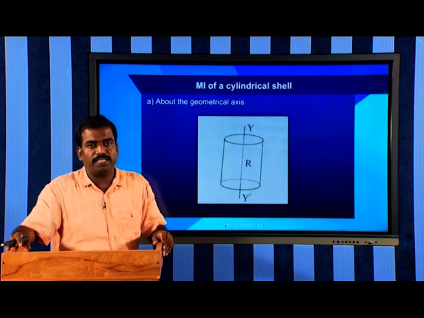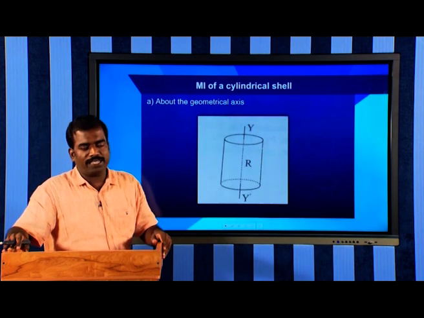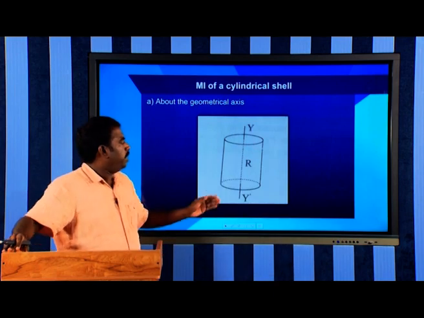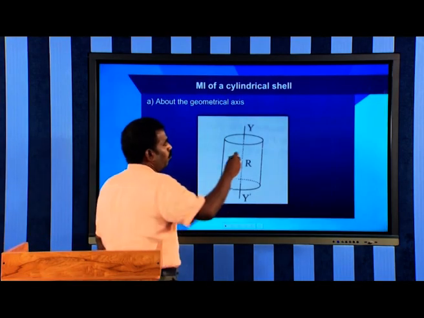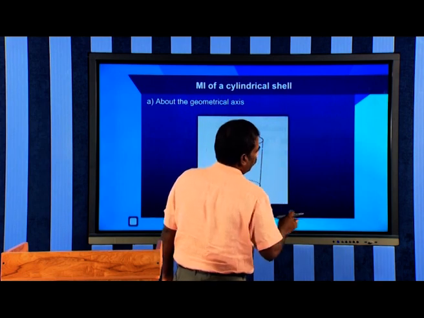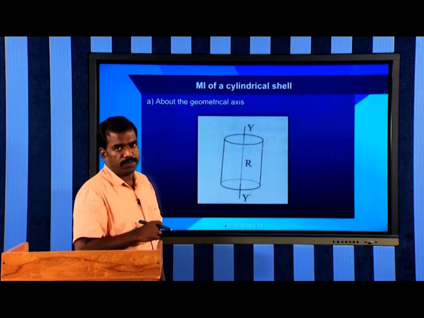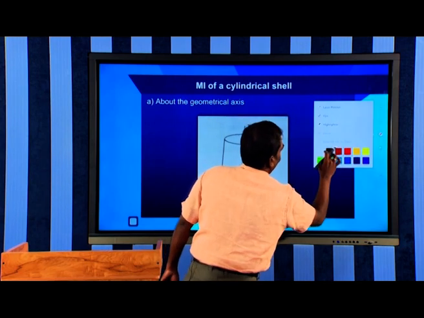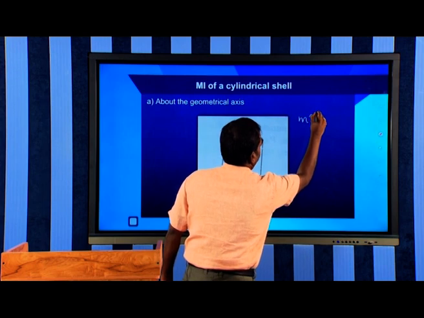Obviously you know the answer for the moment of inertia of the cylindrical shell about its own axis, or the geometrical axis. We consider that the cylindrical shell is made up of a large number of rings, and the moment of inertia of one such ring of mass small m about the axis passing through its center and perpendicular to its plane is small m r square.